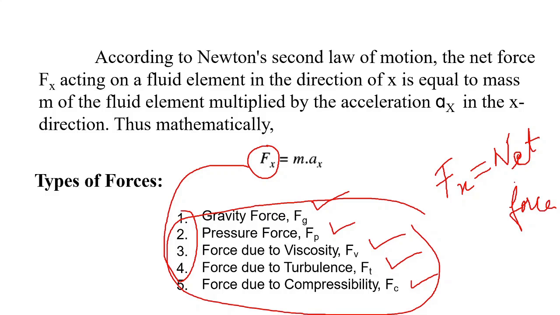Fx is equal to m into a, where m is the mass of the fluid and a is the acceleration in the direction of flow. This Fx is the net force, comprising the gravity force, pressure force, force due to viscosity, force due to turbulence, and force due to compressibility.